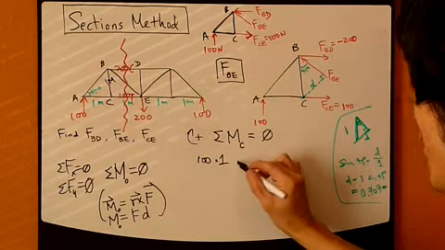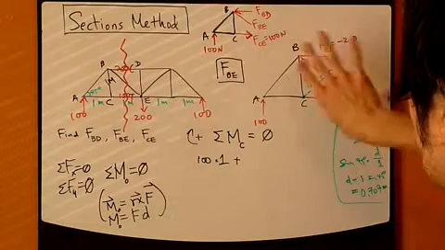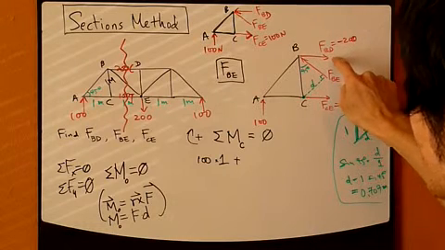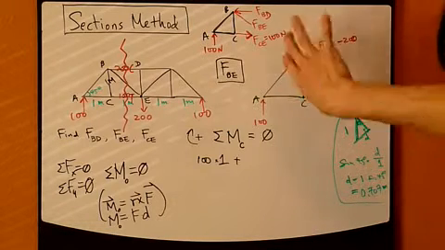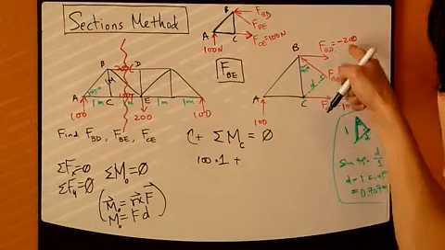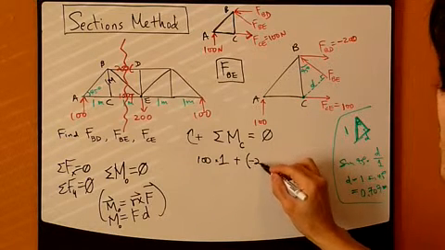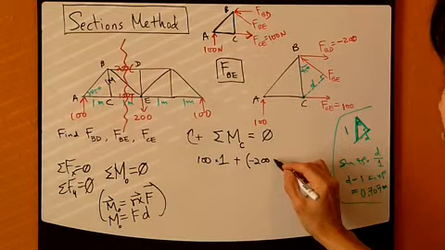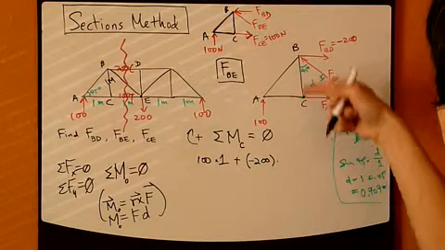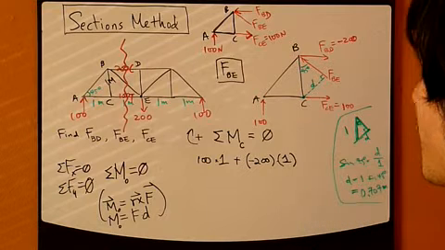And so BD about C according to this wrong direction is a positive moment. Clockwise moment, so positive. However, BD from the previous calculation is negative 200, times the shortest distance, which is this right here, and that's 1.